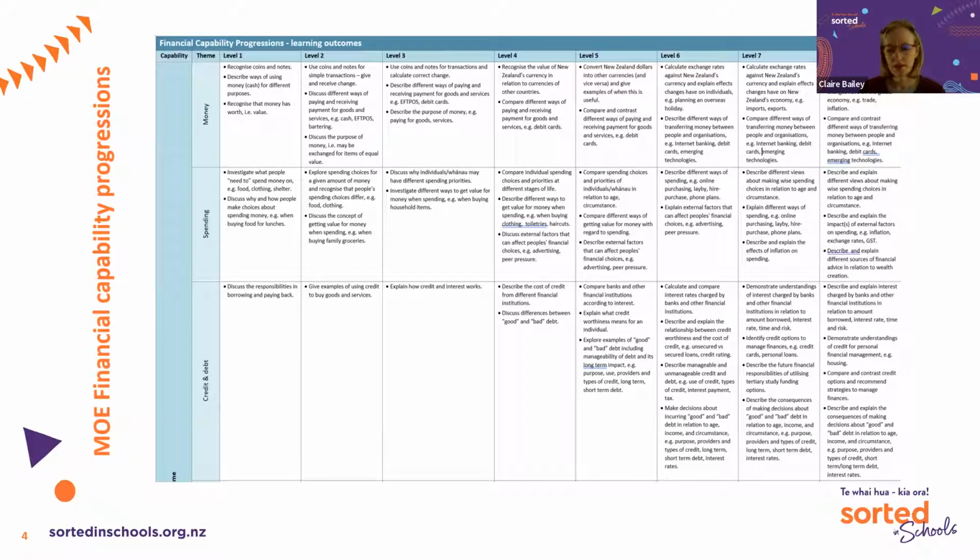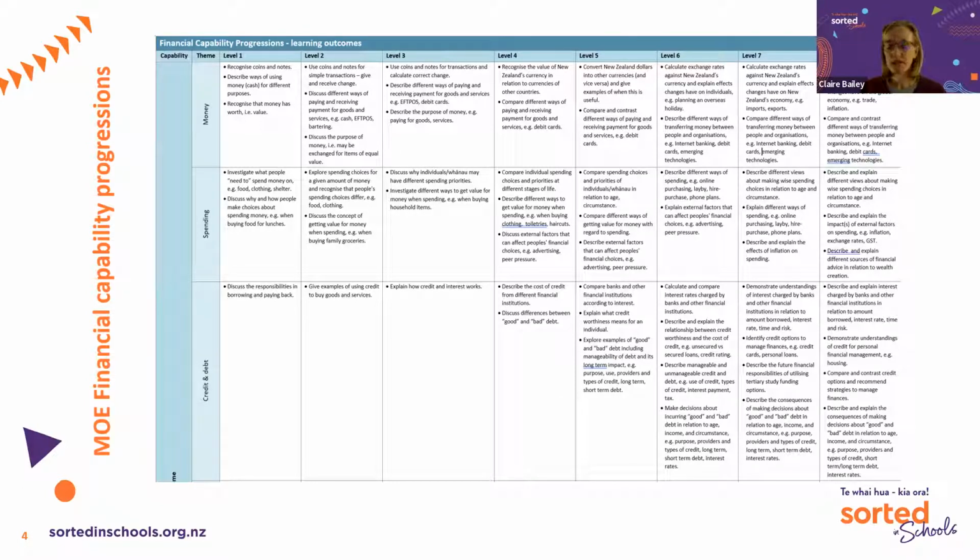At this level, students should be able to recognize the value of New Zealand's currency in relation to currency of other countries, compare different ways of paying and receiving payment for goods and services such as debit cards, compare individual spending choices and priorities at different stages of life, describe different ways to get value for money when they're spending, such as buying clothes, toiletries, or paying for a haircut.